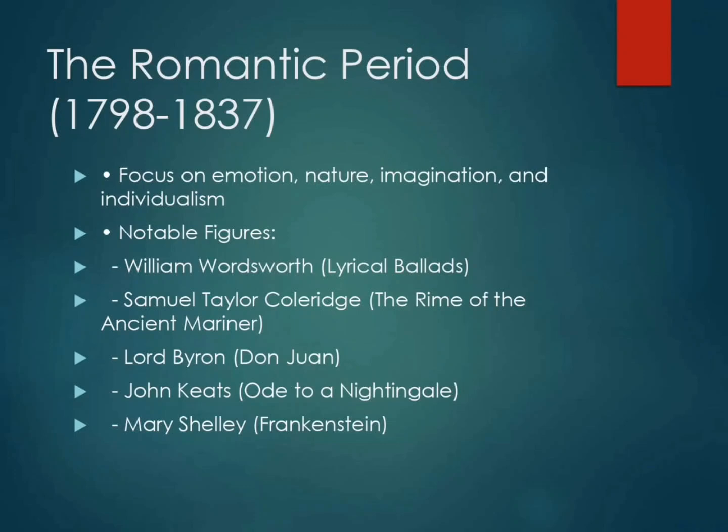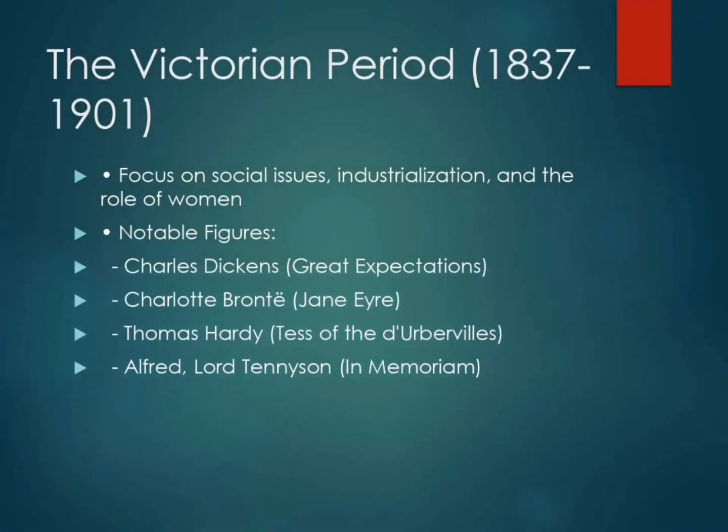After the Romantic period, the Victorian period started. This period started from 1837 till 1901. Unlike the Romantic age, the Victorian period focuses more on social issues, industrialization, and the role of women at that time prevailing in society. Some of the notable figures are Charles Dickens, Charlotte Bronte, Thomas Hardy, Alfred Lord Tennyson, and many more.